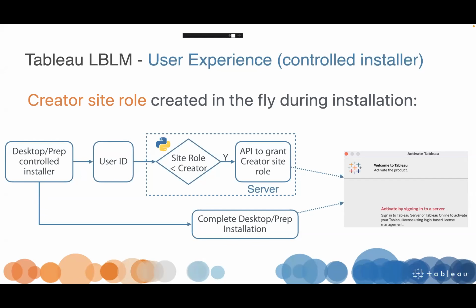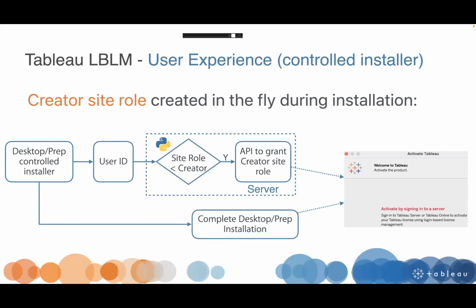If the site role is less than creator, meaning either the user does not exist, or is a viewer or explorer, then the Python script will automatically grant this user the creator site role. This is done in parallel while the user is installing the package. It only takes 1 to 2 seconds. The user isn't even aware of it.